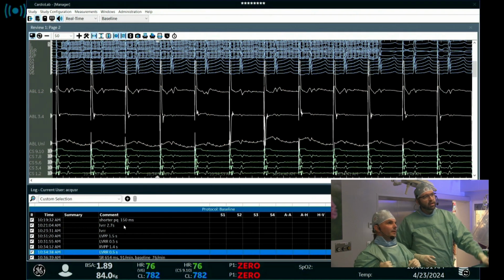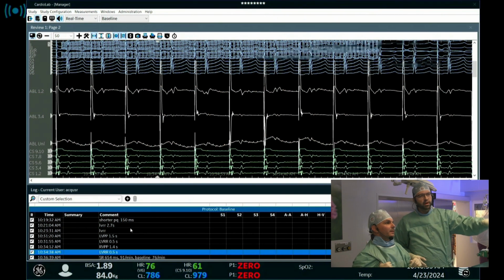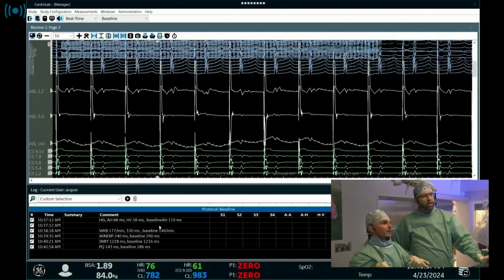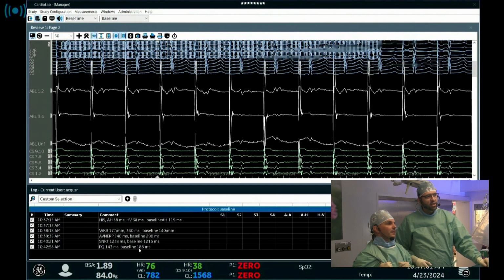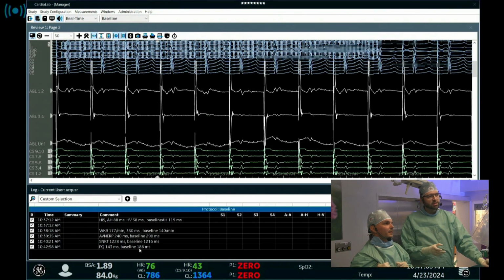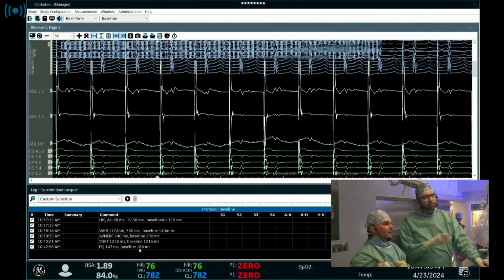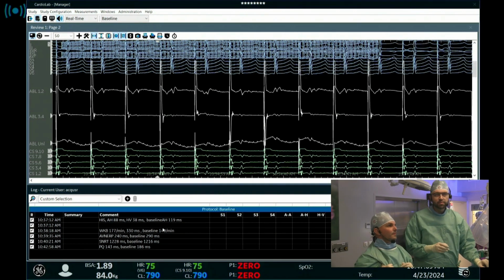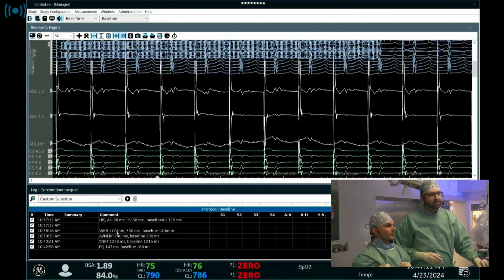Yeah. And in addition, all baseline parameters of the AV node improved. PQ went from 186 milliseconds to 143. AV node ERP went from 290 to 240, and also the Wenckebach point improved from 140 beats per minute to 177 beats per minute.